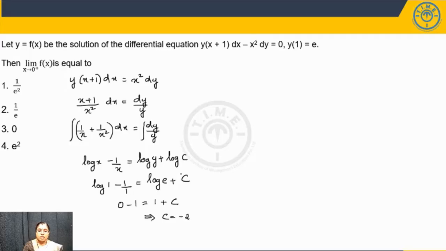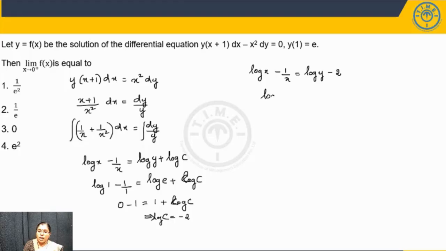So we can write the equation as, instead of c it will be actually log c, which is again a constant. So log c is equal to negative 2. So your equation becomes log x minus 1 by x equal to log y minus 2. Let's rearrange.